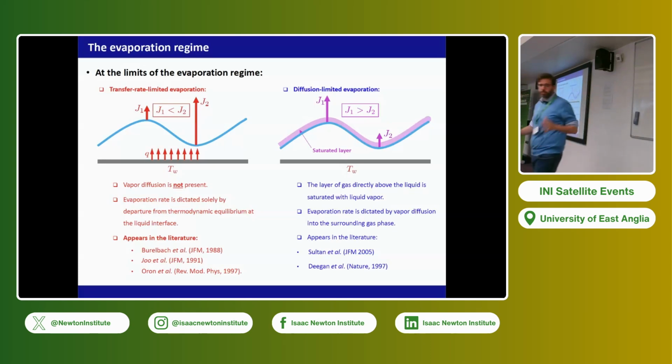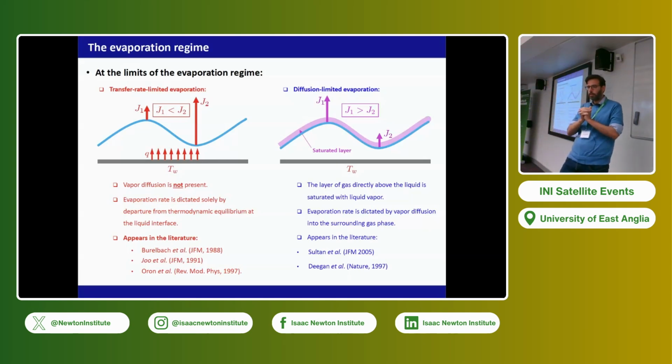In this regime, the evaporative flux, which I represent with J, at the trough is larger than the evaporative flux at the crest, since it depends on the position, on how far the interface is from the heating wall. There is a lot of work on this, and I cite Burelbach, Zhu et al., and the review of Oron et al. Anyway, there is a lot of work on this evaporation regime.